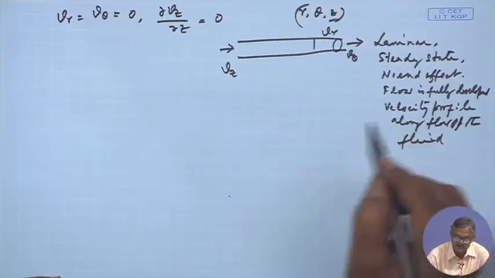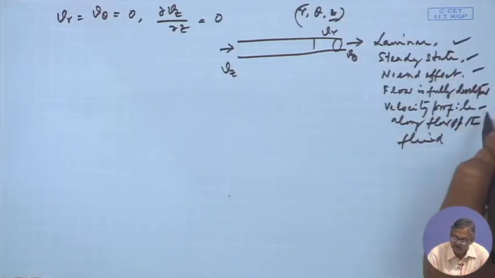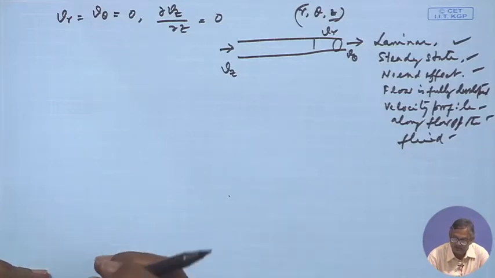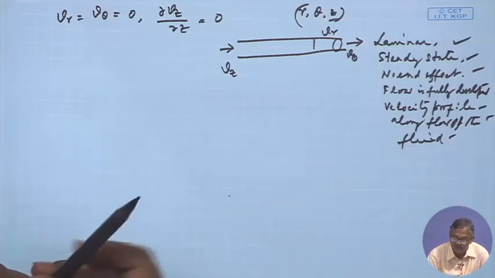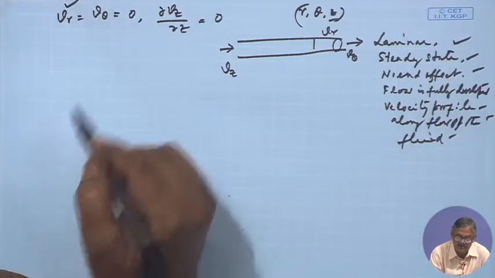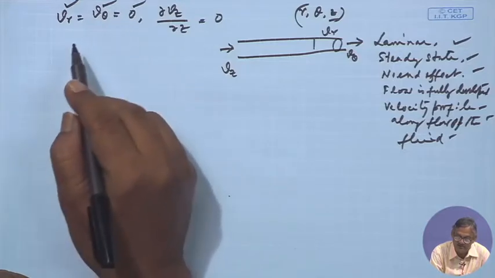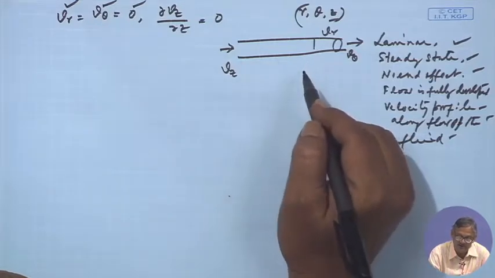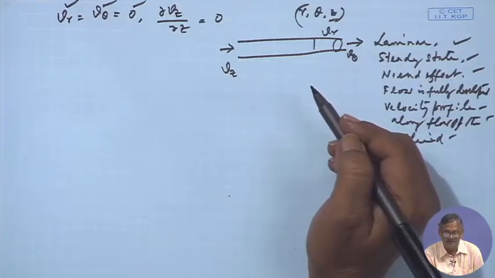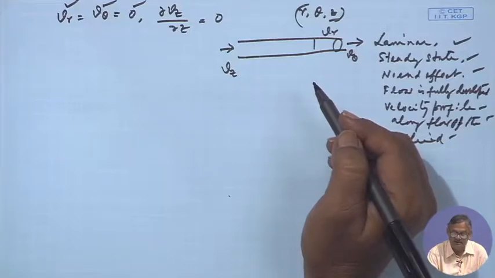Knowing these conditions of the flow, this is called the problem description. From the problem description, we can tell V r is equal to V theta is equal to 0, that is, V r is 0 and V theta is 0, there is no velocity component in the r direction or the theta direction.